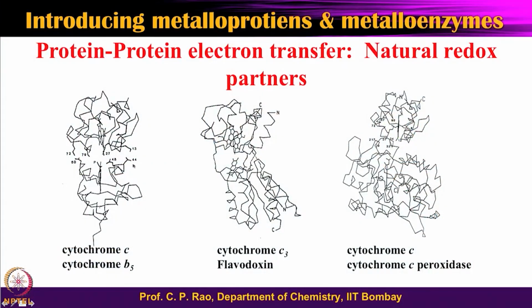You can see this is cytochrome C, cytochrome B5, and this is the region, and the region here is the heme, and the region here is the one containing the acceptor. So, the donor center is the heme, with the acceptor center over here, and therefore this region is important if the electron transfer should take place from this one to this particular one. Okay.